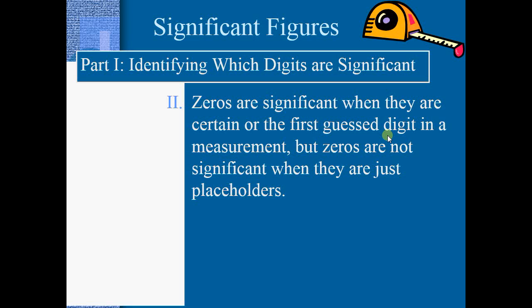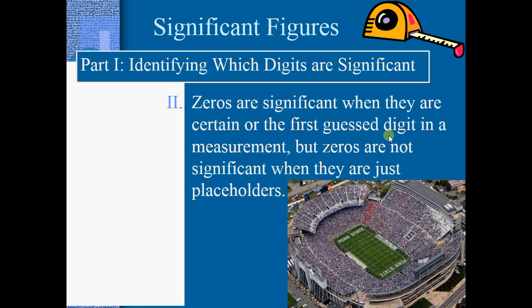Zeros are the troublemakers, and the reason why is because sometimes a zero is a part of the measurement where we're saying, yes, this digit in this measurement is a zero. But other times, zeros are simply placeholders. For example, let's pretend that we were looking at Beaver Stadium here at Penn State. Now, we know that there's 106,572 seats.